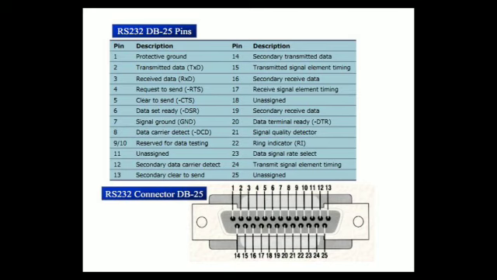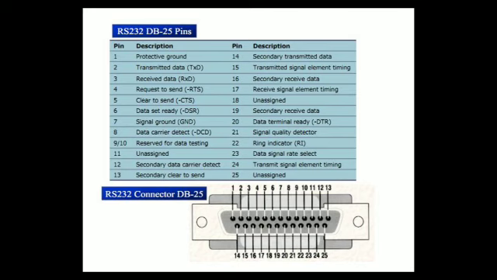Pin number 4 is request to send. Pin number 5 is clear to send. The 6th is data set ready. The 7th is signal ground. Pin number 8 is data carrier detect. These are all very important pins. Similarly, pin number 20 is data terminal ready, DTR.